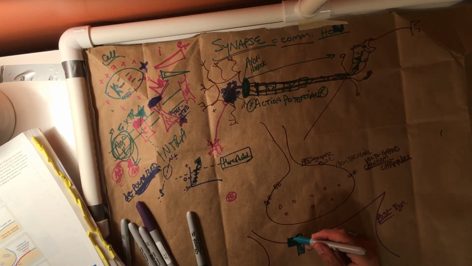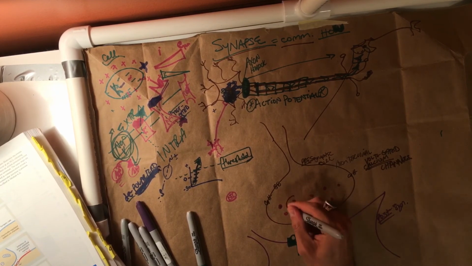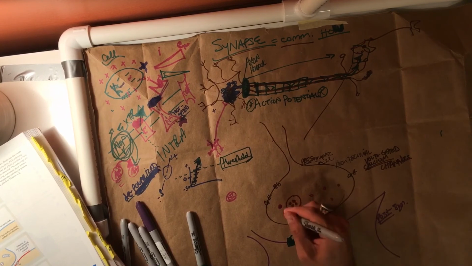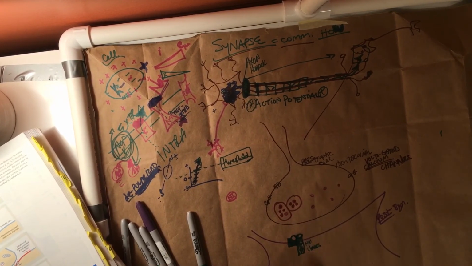These have a sort of a deadbolt lock right here that if you fit a pink neurotransmitter ball into it, say the vesicles look kind of like this. If you were to fit a pink neurotransmitter into that, this channel would open.